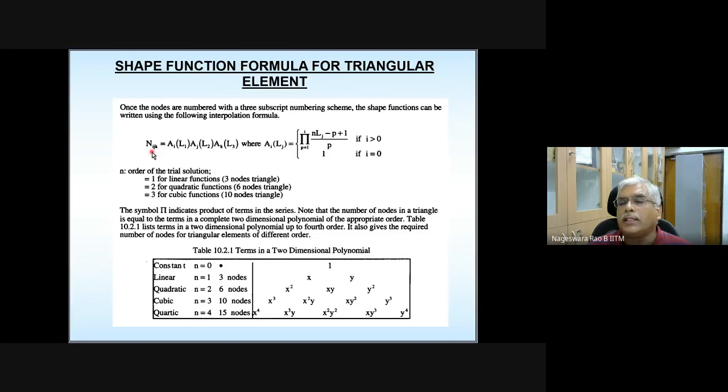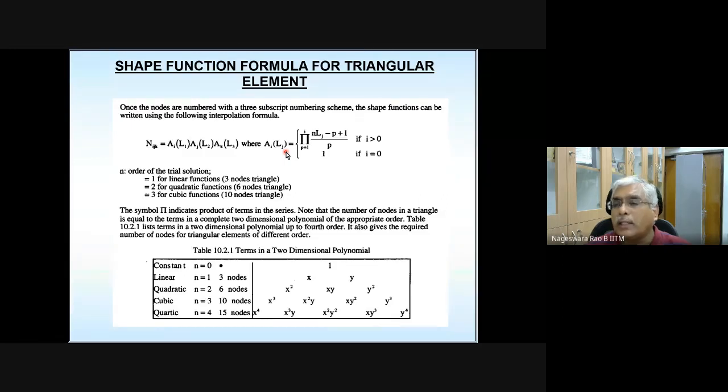So with the notation N_100, this becomes a_1 L1, this becomes a_0 L2. So a_0 L2 is going to be 1. a_0 L3, that is also going to be 1. So you need to find what is a_1 L1. So i is equal to 1, j is equal to 1.